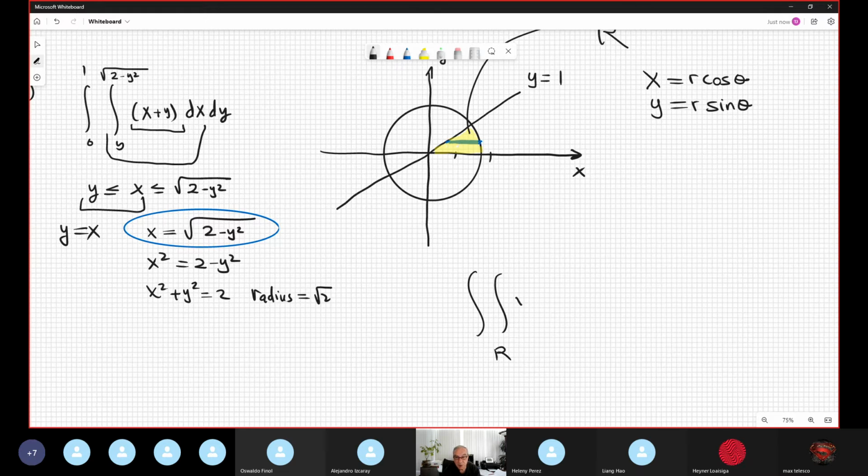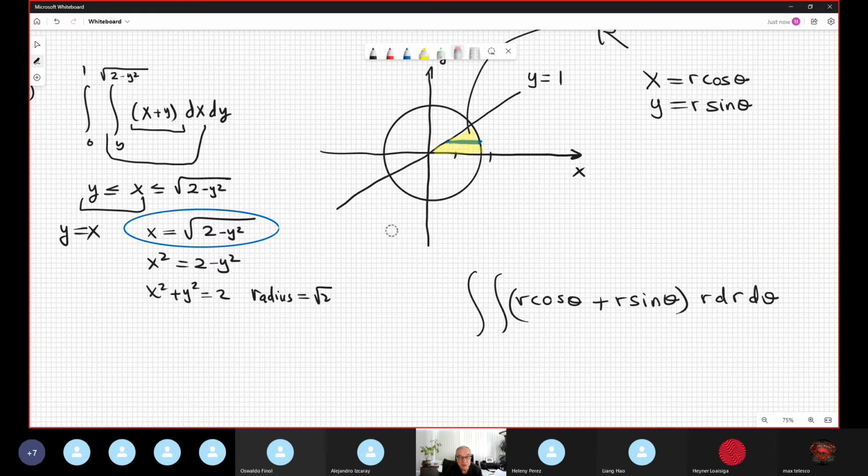So I copy r cosine theta, because everything I write in this new integral is expressed using polar variables, never x and y anymore. After, the third step is the Jacobian part, r dr d theta. And the last part is the limits. So I put the symbolic region, but I define my new limits for r and theta.